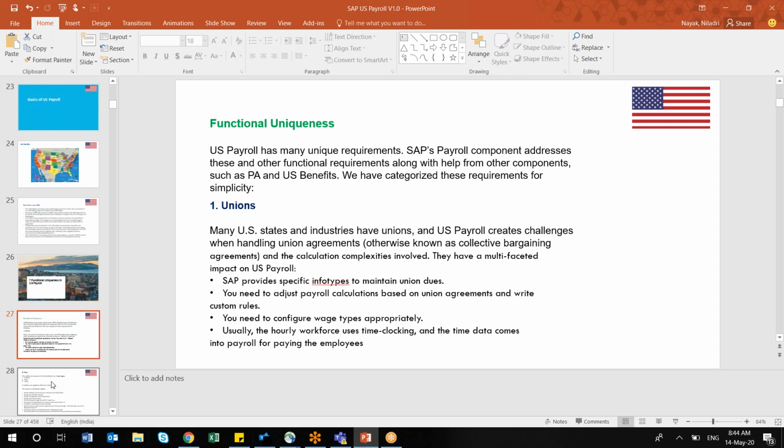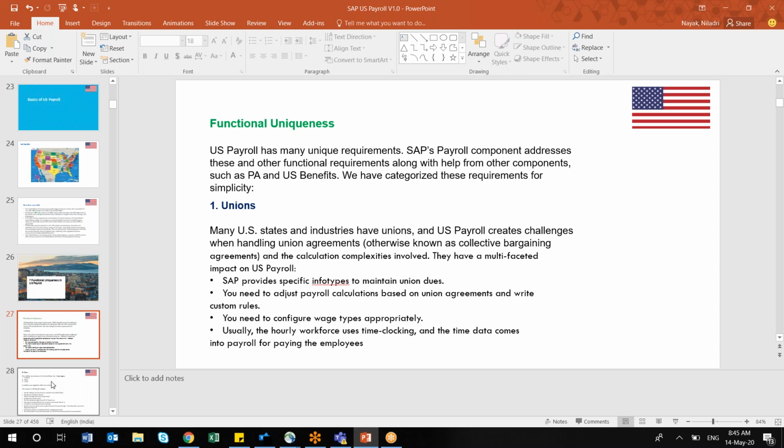Well, I think one of the main challenges of unions is that within a particular union there will be local unions within a broad union, and in each of the local unions there will be different rules on the same item.